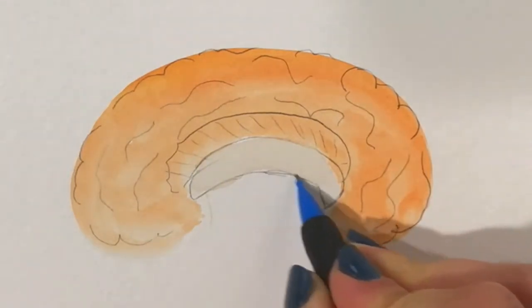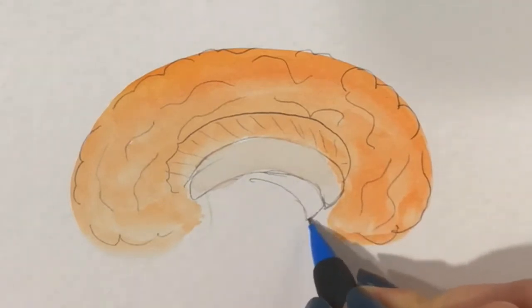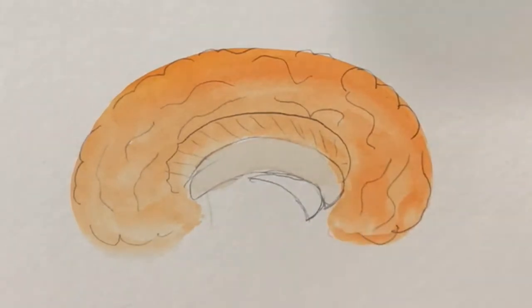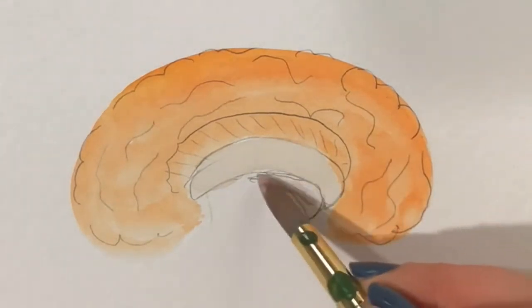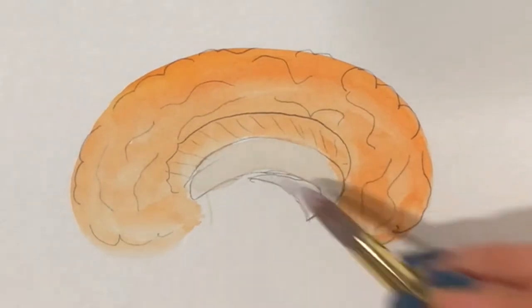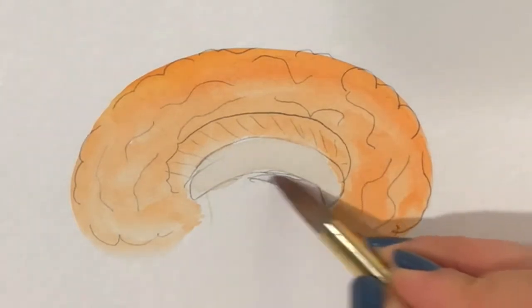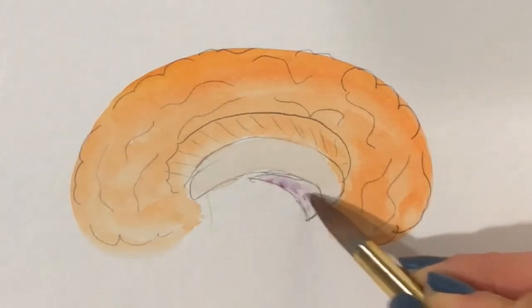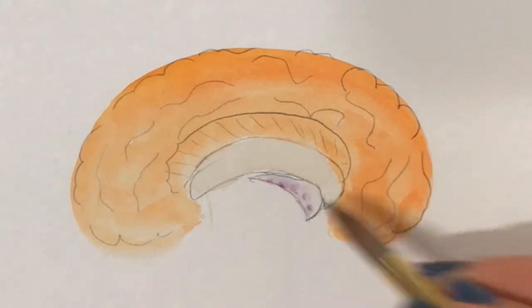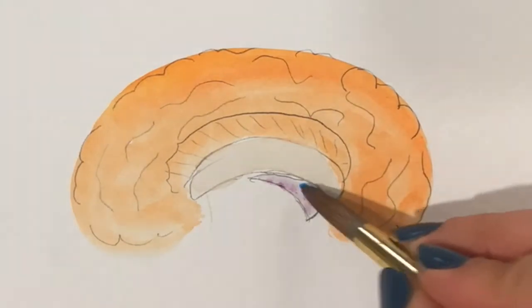So on your model, we're going to be able to notice a little dip right there. Now, this area is one of the ventricles. If you recall that from lab and lecture, your ventricles are where cerebrospinal fluid is stored and also produced. So we'll draw some red since a choroid plexus would probably be in there somewhere. So this ventricle, actually let's add some blue now that I think about it.